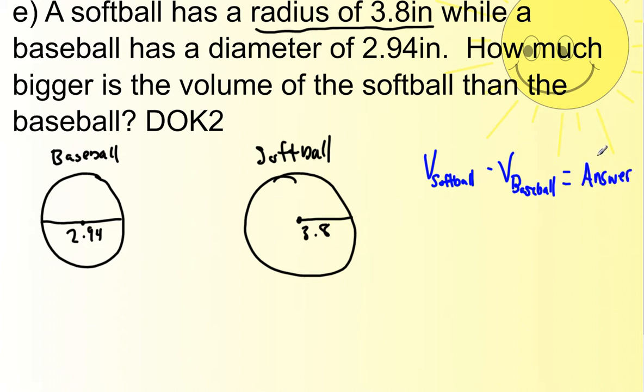That will be how much bigger. So in order to do that, we need to find the volume of the softball, the volume of the baseball, and subtract them. All right, so let's do that.